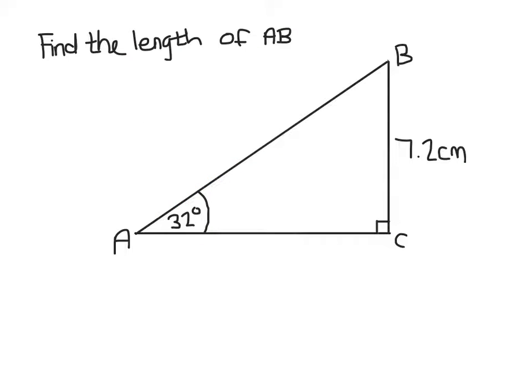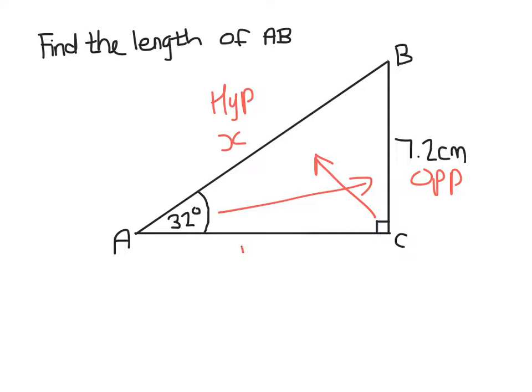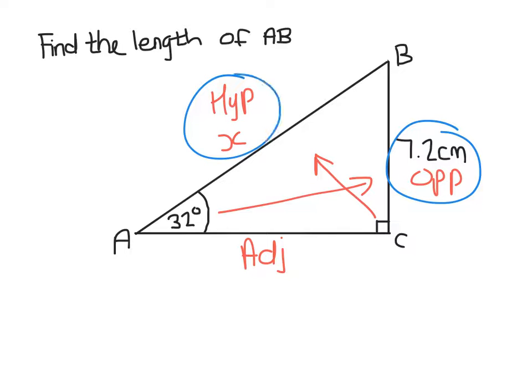Now here we're looking at finding the length AB. So we're going to put the X on the line AB. Now we're going to label our triangle correctly. So this is our hypotenuse. This is our opposite, and this is our adjacent. Now the two sides that contain information are the opposite and the hypotenuse.